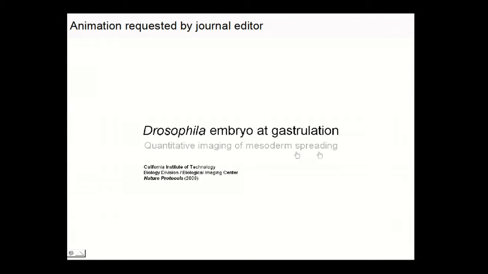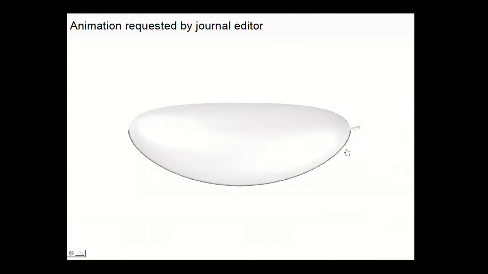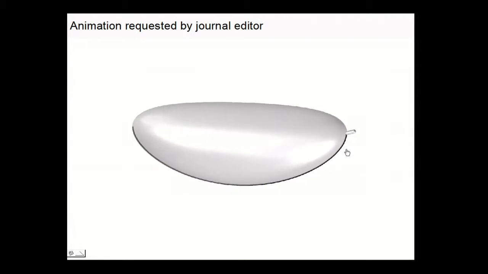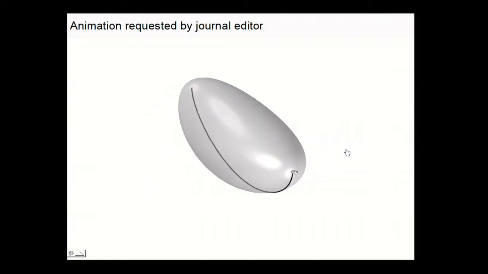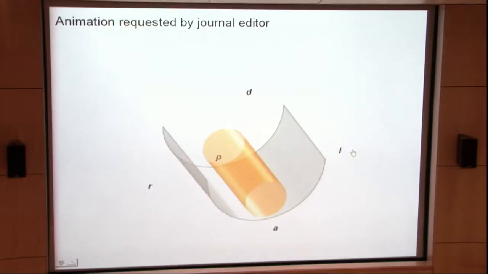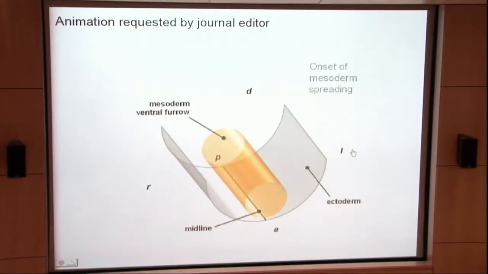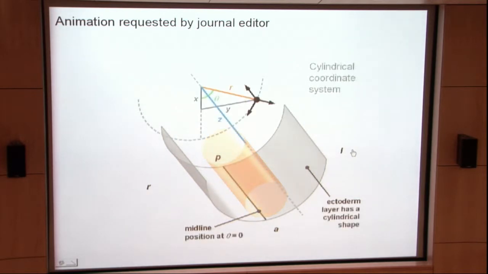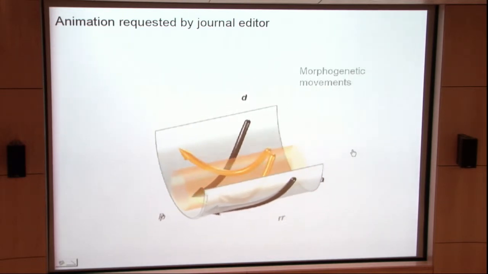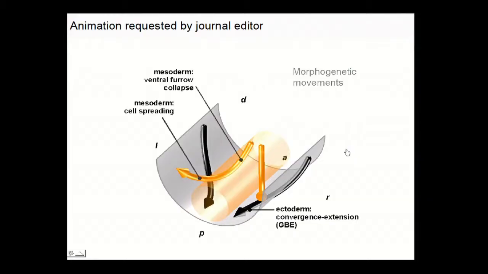And this is the end result. This is the only movie with artificial data, actually, one animation that we did to explain the different body plan, the way we acquire the data on the ventral side here, the mesoderm of the embryo, and then the formation of this mesoderm tube here, and this ectoderm layer, and then the cylindrical coordinate system adapted to this body plan, and then the movement of the mesoderm cells compared to the ectoderm layer.